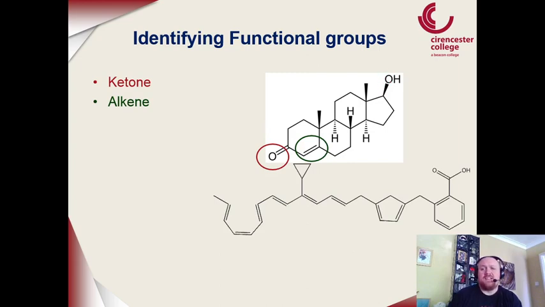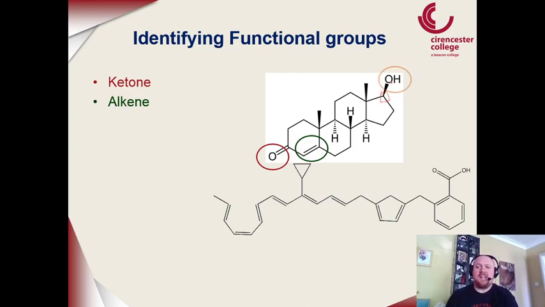You'll notice this has a wedge on it, and this one has a dashed line on it. I'm hoping you remember your shapes of molecules, what these mean. Don't worry about this notation at the moment as to what it means. What I can tell you is that this carbon is called a chiral carbon. It's a chiral center, and it means that if this was pointing in the other direction, this would be a totally different molecule.